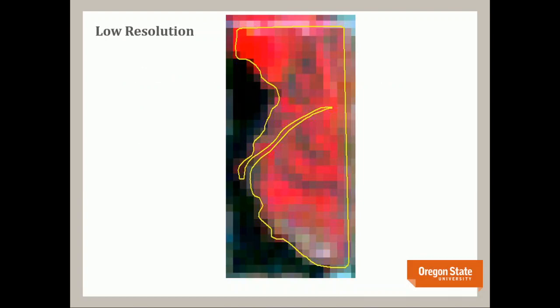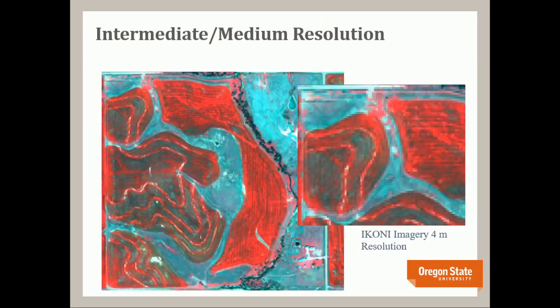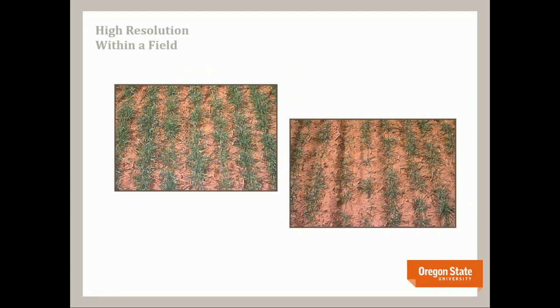Here the low resolution image is presented, but the high resolution image distinguishes much more between the objects, based on IKONOS imagery at 4 meter resolution, and here is the high resolution within the field, where the crop, the land, and the spaces are also very clear.